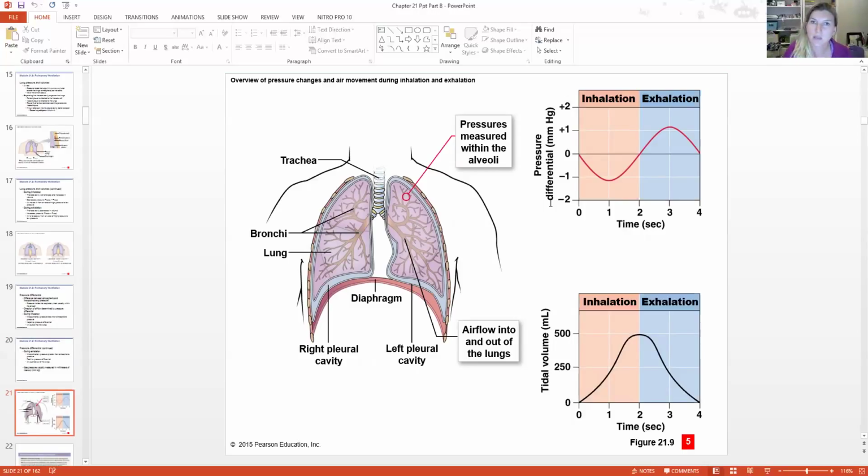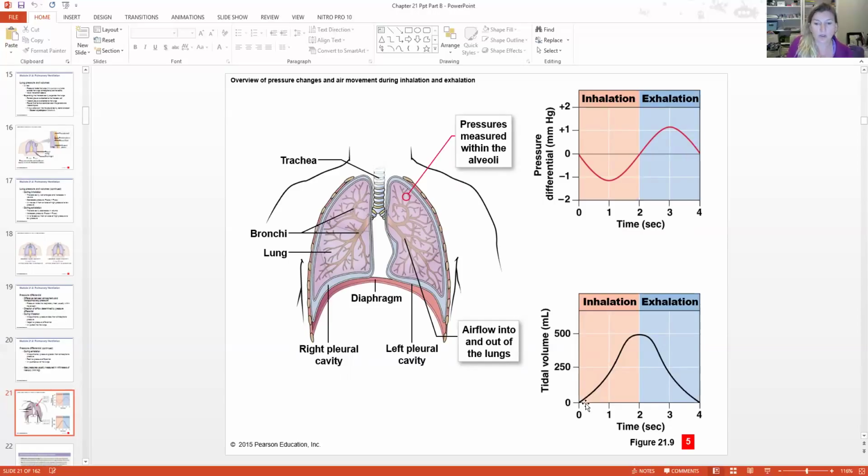You're going to see the same thing here in our lung physiology. So if we just look at this graph in the upper right corner of the screen, you'll see the pressure differential in time. During inhalation, our pressure is going down. That's going to pull the air in. During exhalation, our pressure is going up. That's pushing the air out.